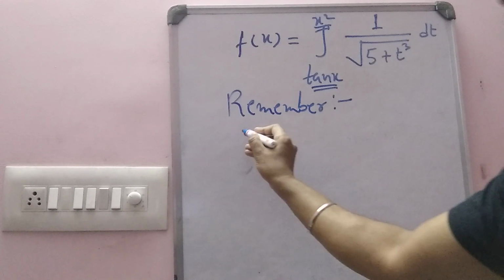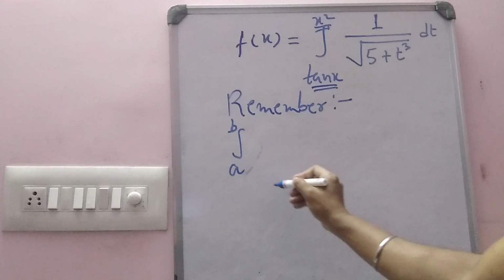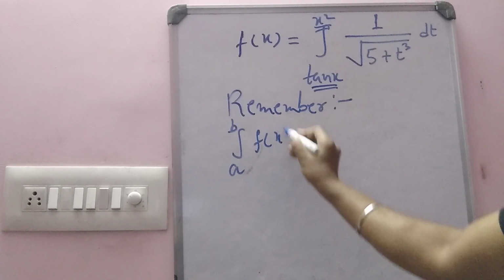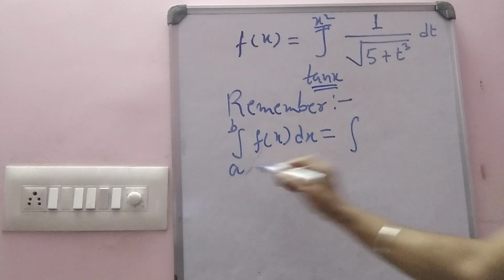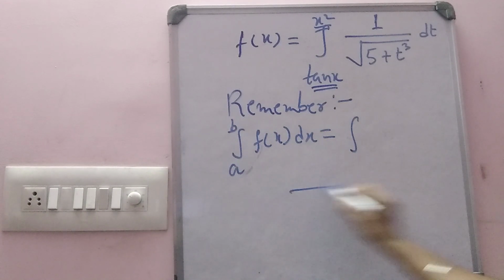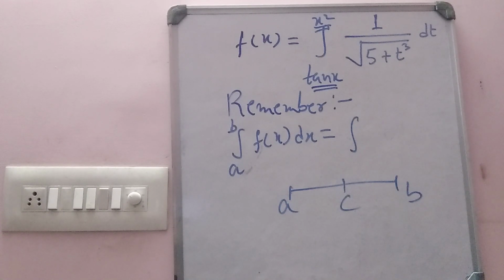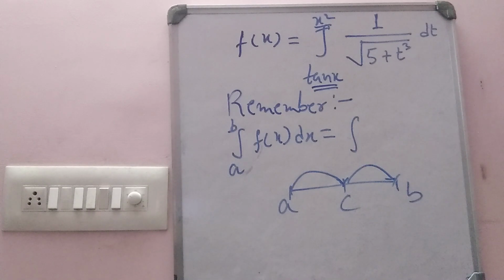We can break the limit, okay? If a to b is the limit of integral f of x dx, we can break the limit. Suppose this is a, this is your b. Take c like this: a to c, and then c to b.